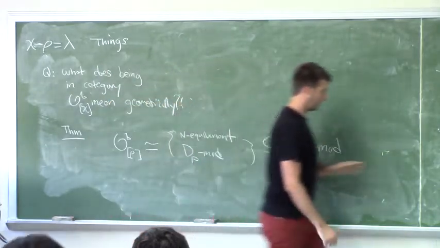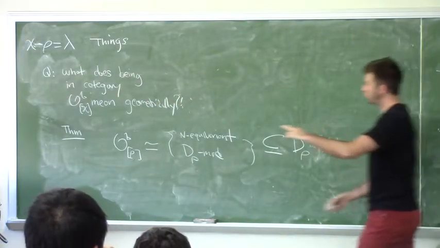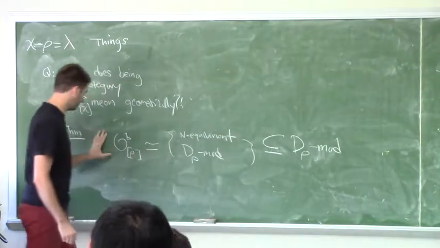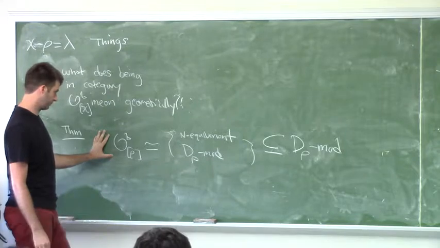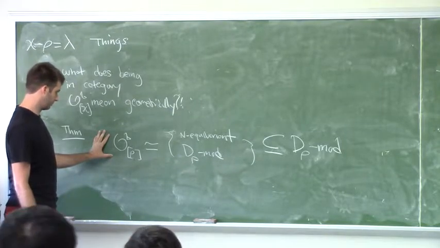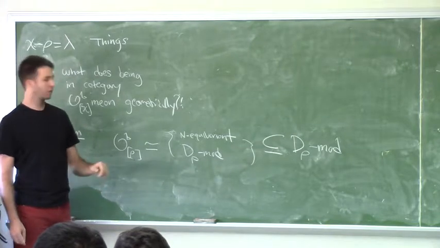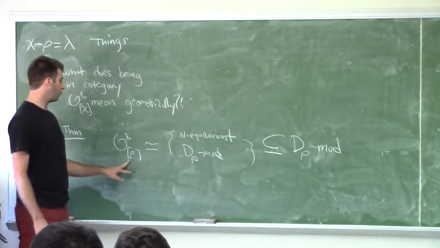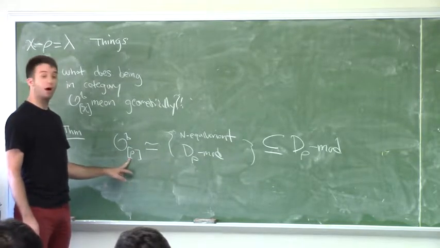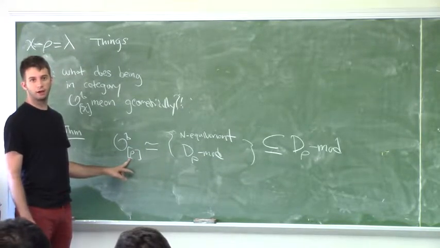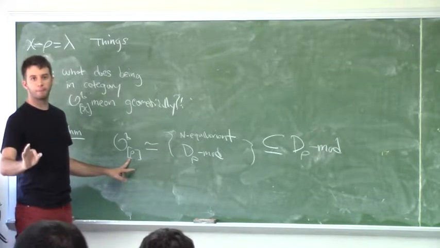So let me tell you the theorem. It depends on what kind of equivalence you want. If you want an abelian equivalence, then this is true for any dominant and regular chi.